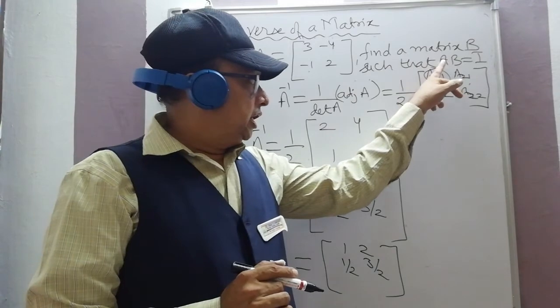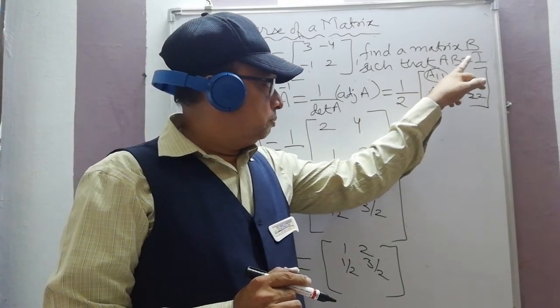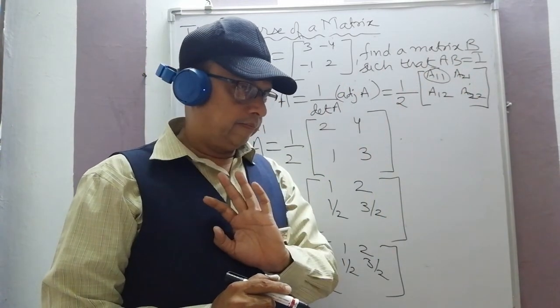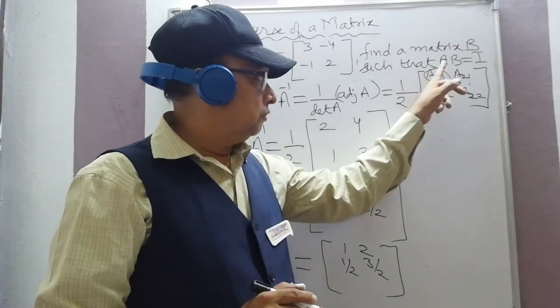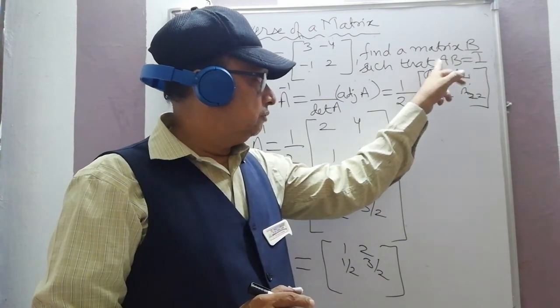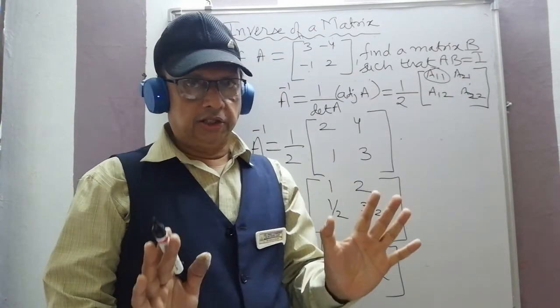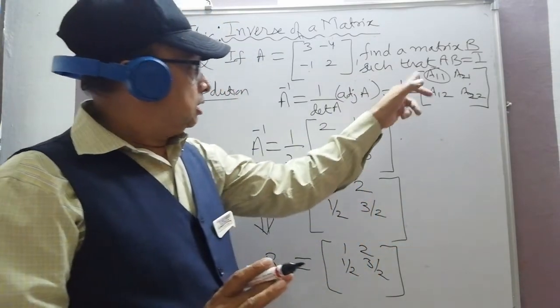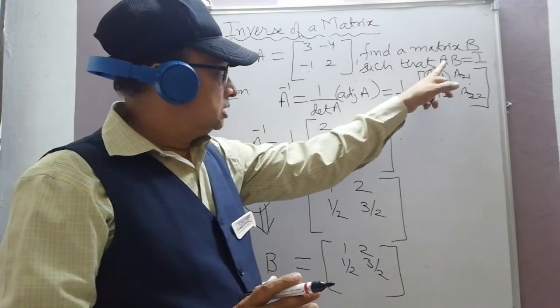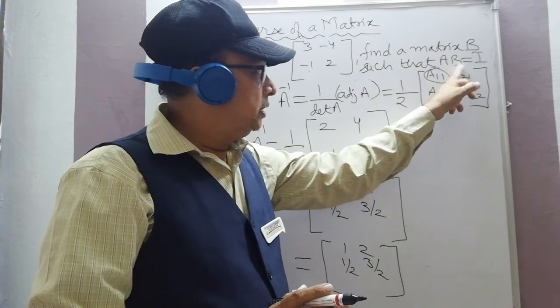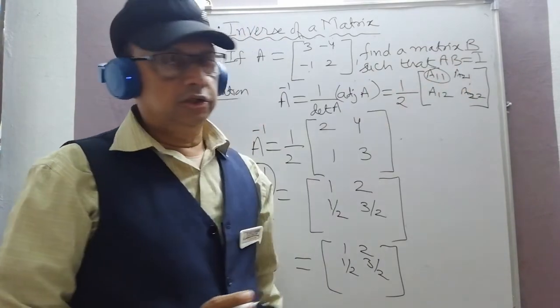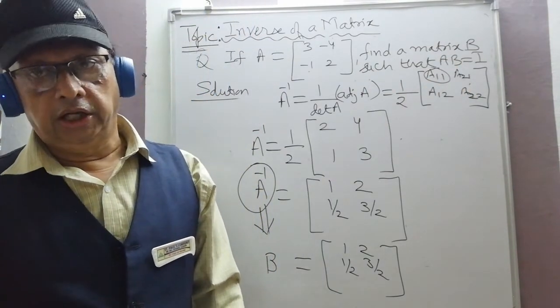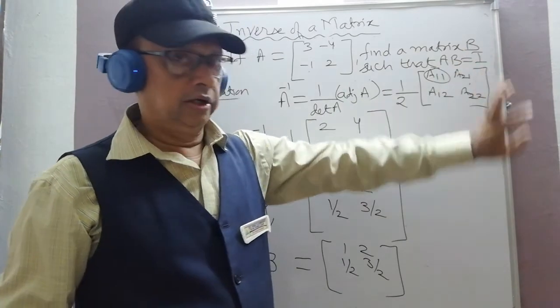Means A is the inverse of B or B is the inverse of A. But here A is given to us and we have to find B. It means B is the inverse of A because the identity is here.